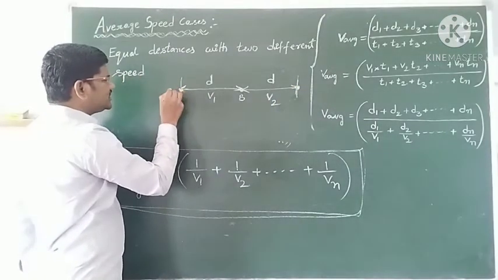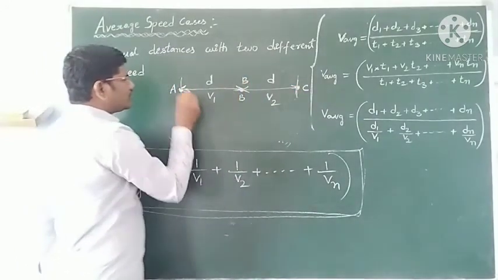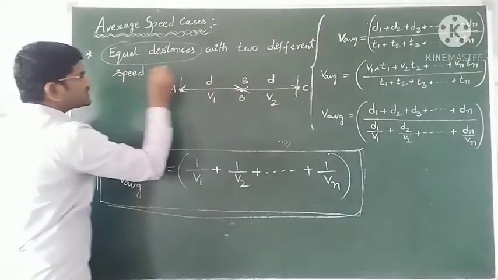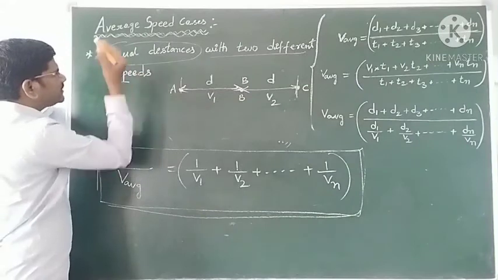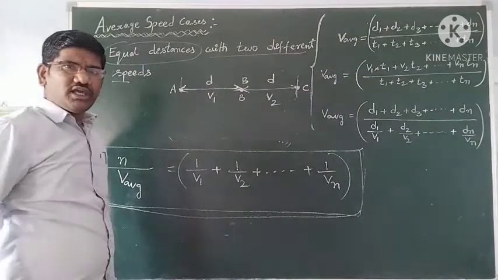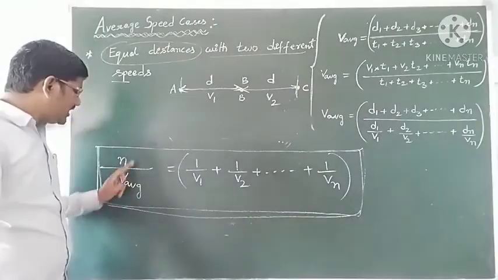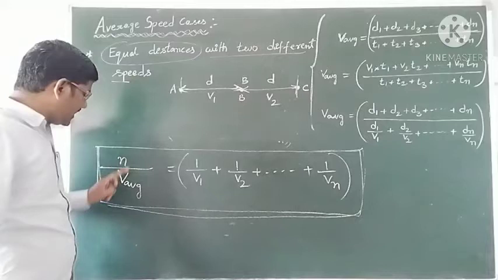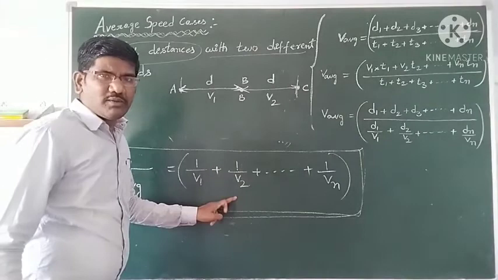So in this situation we want the average speed. Remember students, equal distances with different speeds, we have n equal distances. We have the formula n by V average is equal to 1 by V1 plus 1 by V2.